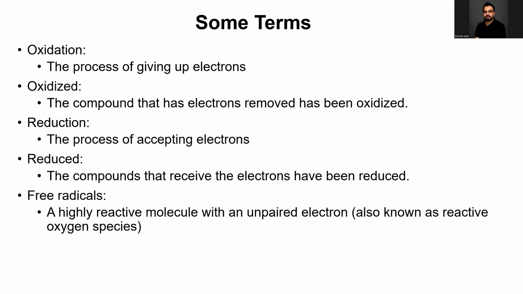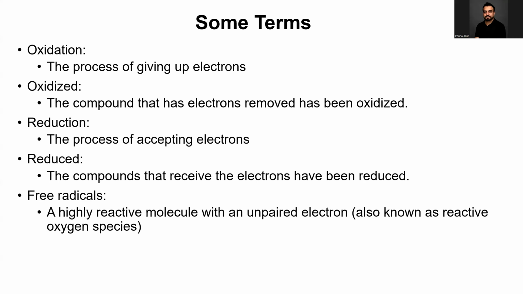We have also free radicals. The free radicals are a highly reactive molecule with an unpaired electron, also known as reactive oxygen species or ROS. You may see this in articles, in research papers, ROS, or oxidative stress. This is free radical.